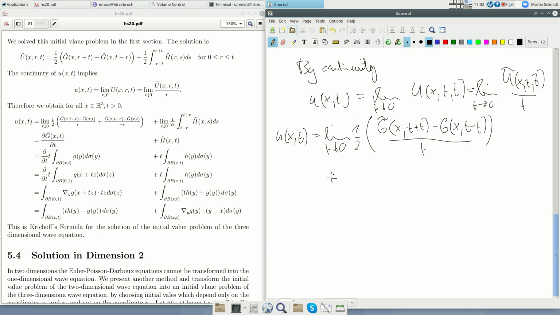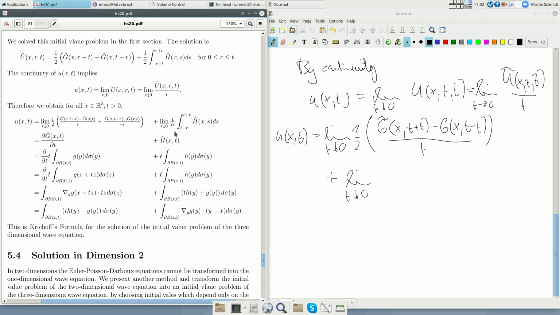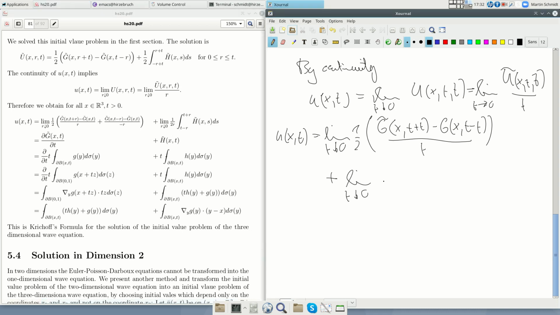Plus the limit r going to 0 of this other term, 1 over 2r times the integral from t minus r to t plus r of h tilde of x, y dy. Here we now see that this is the derivative. How do we see this? Let's first rewrite the first term.